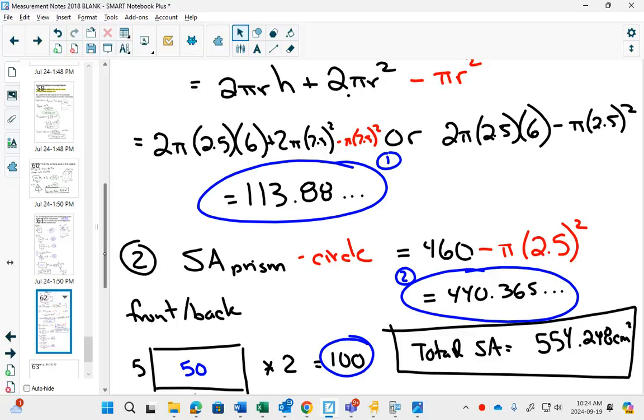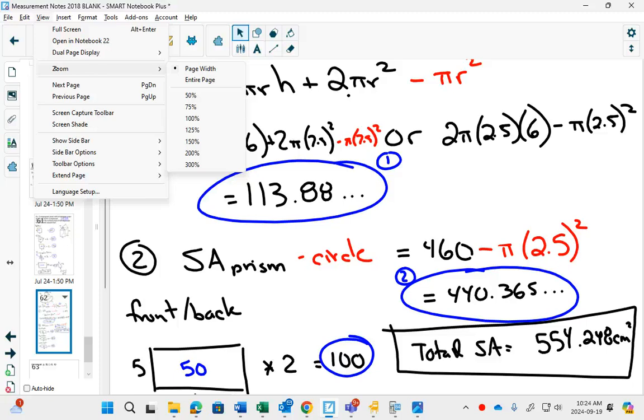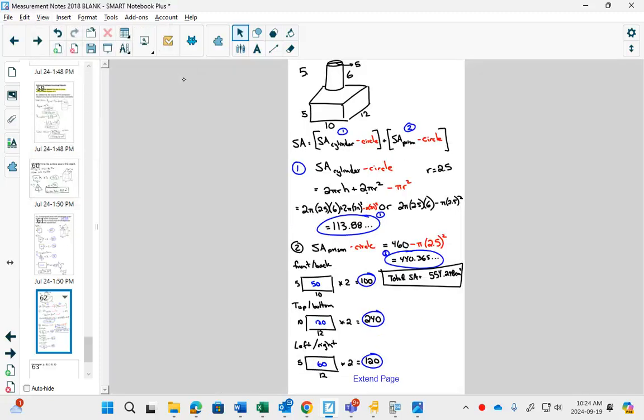If we look at the entire thing, we start off with our idea, and then we have to be organized. This section of this unit is really about organization. We have to be organized to be like, what do I need to find? And I labeled, I'm going to find this first, then I'm going to find this second, found it.